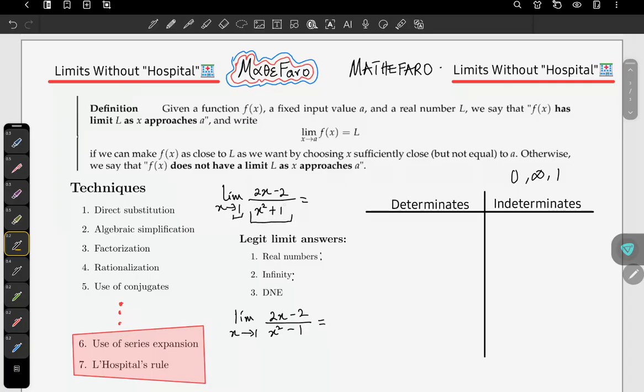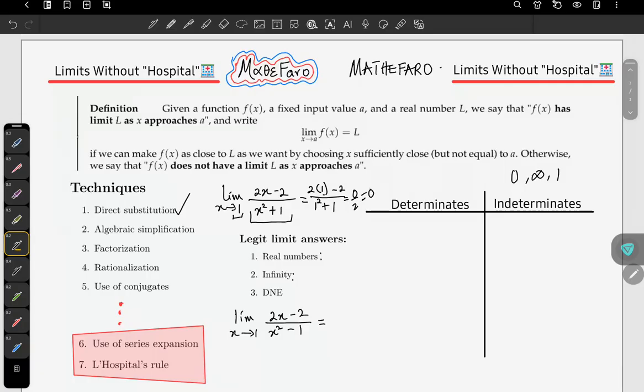What do I mean? For this example, the limit asks what happens when x approaches 1, so we substitute directly: 2 times 1 minus 2 over 1 squared plus 1. This is 2 minus 2, that is 0, over 2. And that is a legit answer.